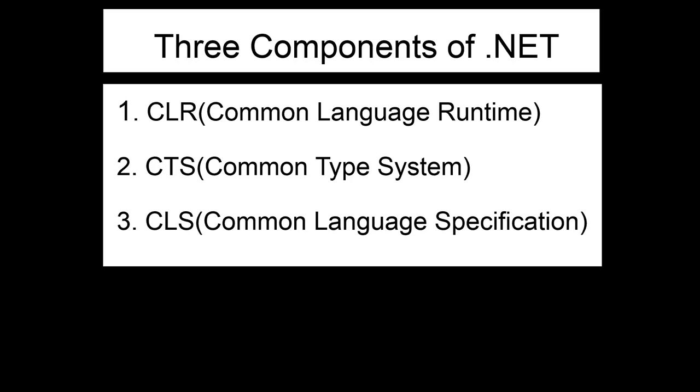The second layer is the CTS layer, which is Common Type System. The responsibility of this layer or this specification is basically to fully describe all possible data types and all programming constructs supported by the runtime.